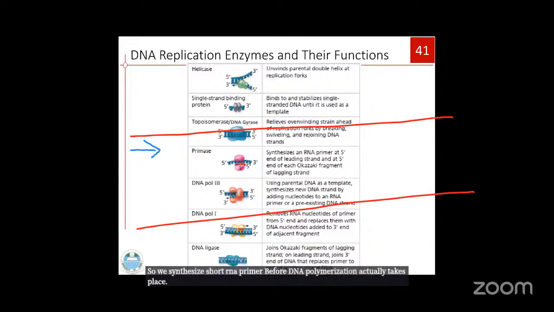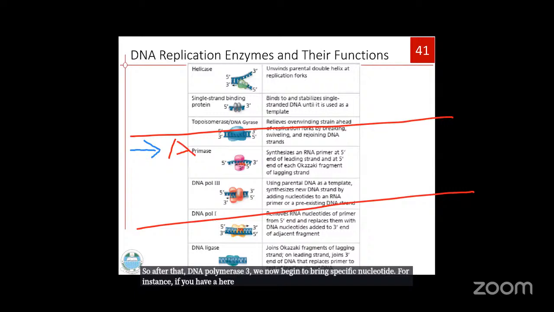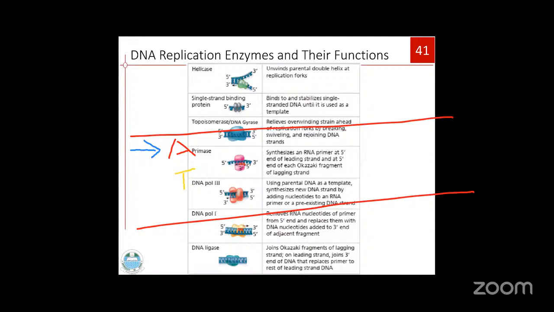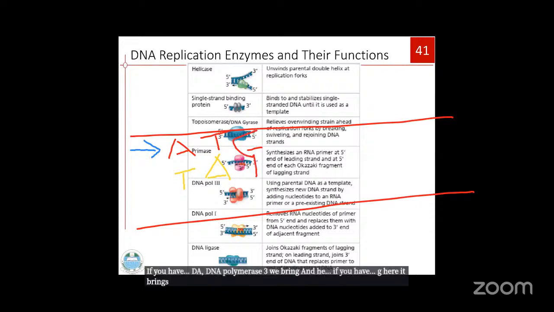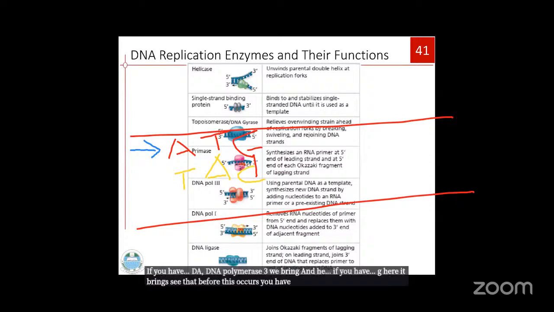So after that, DNA polymerase 3 will now begin to bring specific nucleotides. For instance, if you have A here, the DNA polymerase 3 will bring a T. If you have T here, DNA polymerase 3 will bring an A. If you have G here, it brings C. But before this occurs, you have an enzyme known as RNA primase.